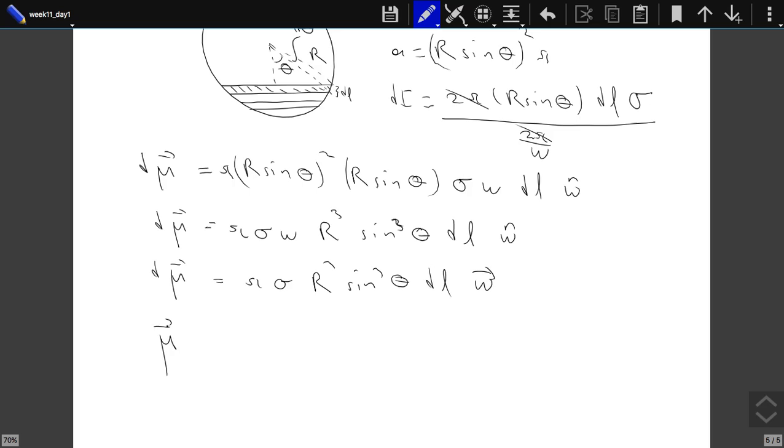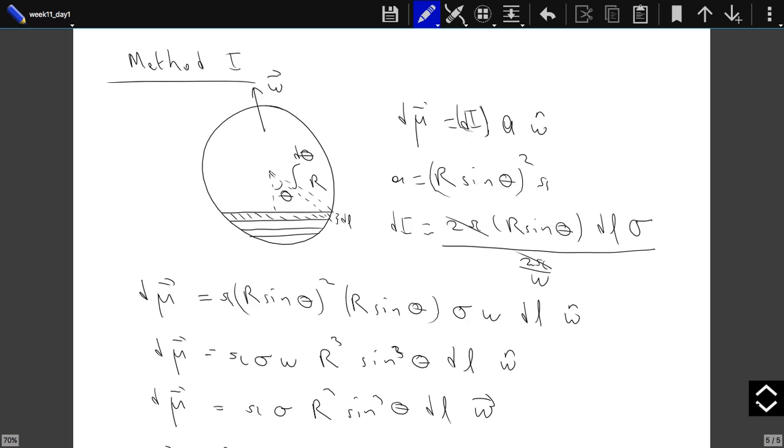So the total magnetic dipole moment of this system would be just pi sigma r cubed sine cubed theta dl omega integrated over all my rings. I have divided my sphere into infinitely many rings. This d mu is the contribution from one of them. To get the total magnetic dipole moment, I have to sum all of them.